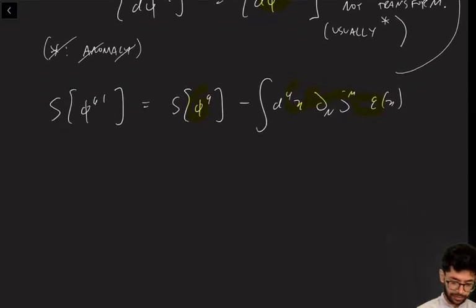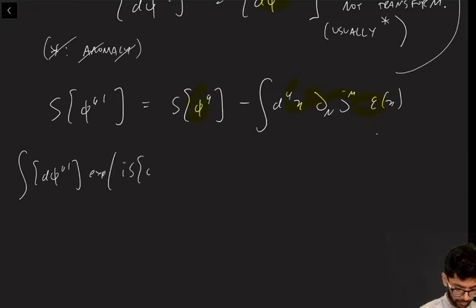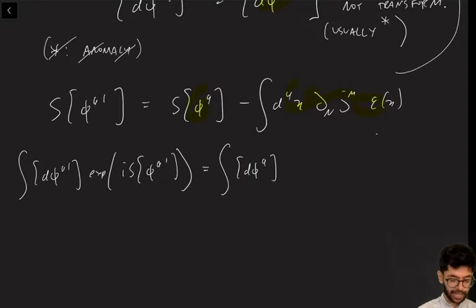On the left-hand side, I have the original thing, which is the integral dφ_a prime times the exponential of iS[φ_a prime]. And on the right-hand side, replacing dφ_a prime with dφ_a and expanding out the exponent, I see something like this: d^4x ∂_μ j^μ times ε(x).